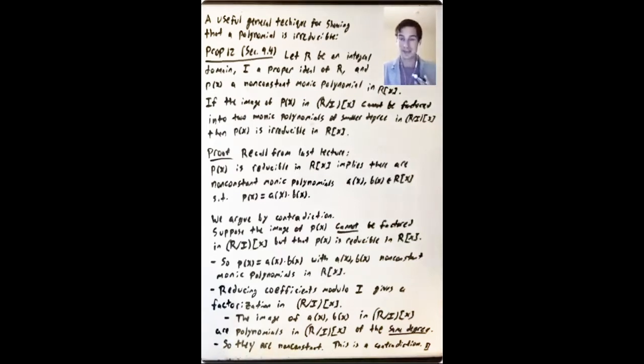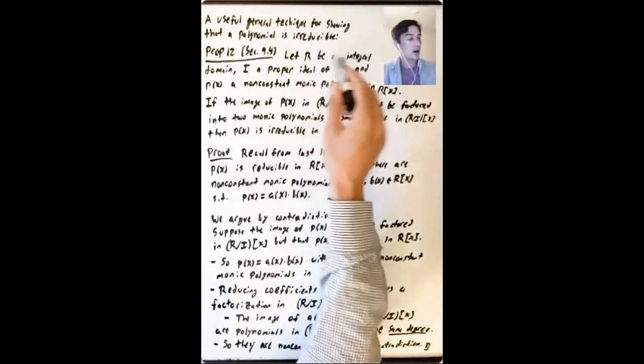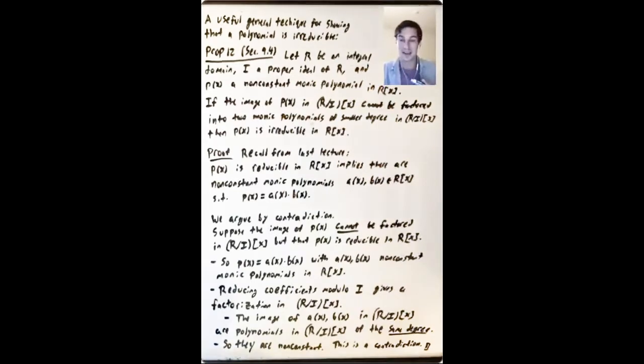And the thing that makes this work is this discussion from the very end of the last lecture. So remember, R is an integral domain that's not necessarily a UFD. Most of the last lecture was about proving that R is a UFD if and only if R[x] is a UFD.